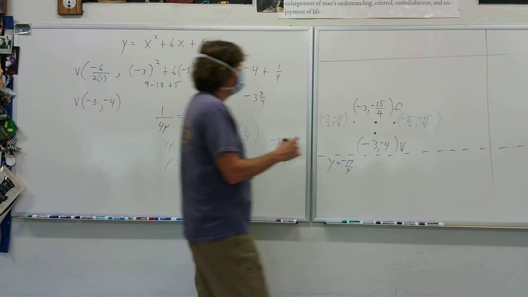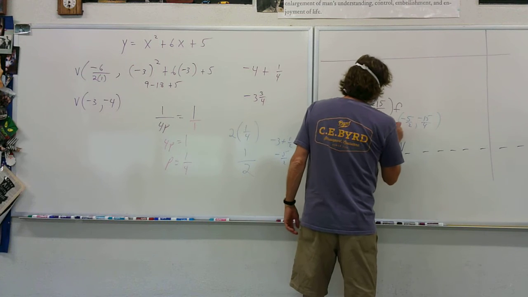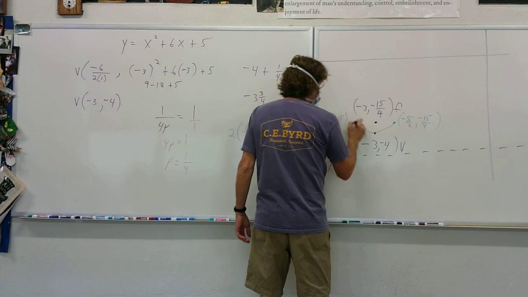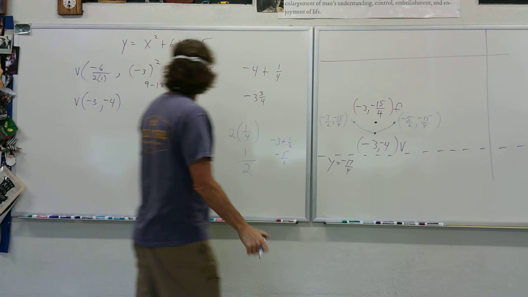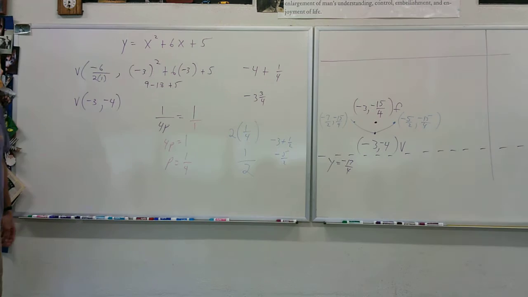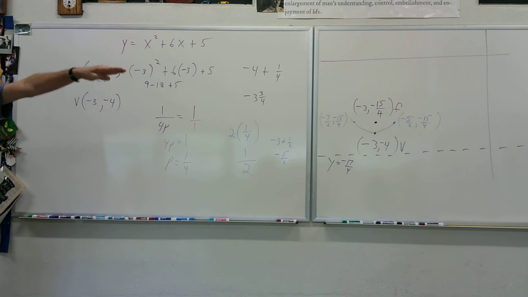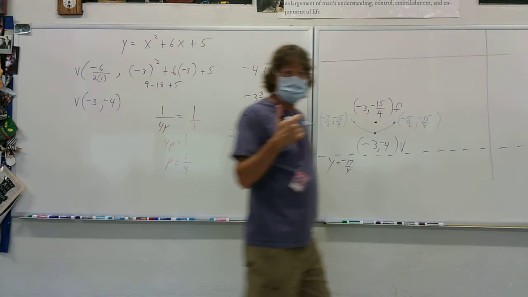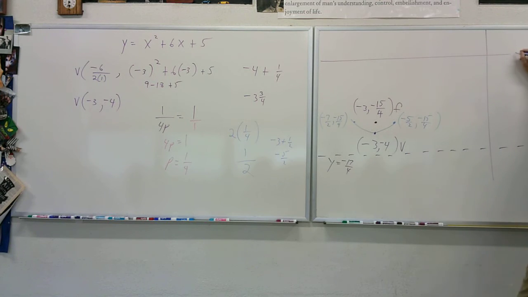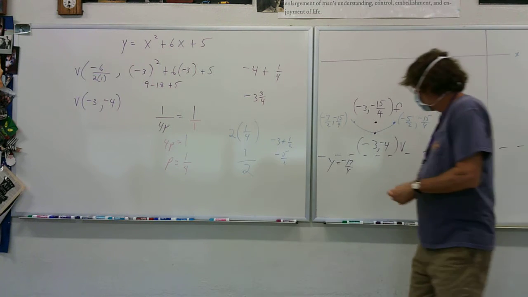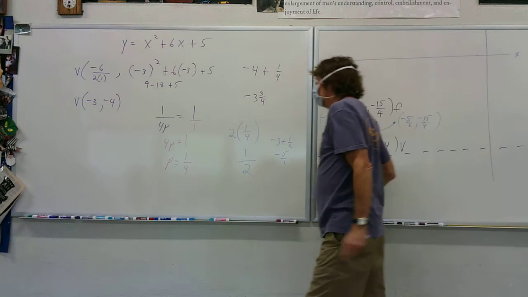Now, when it opens, we probably already realize my drawing is not as good as it needs to be. But I didn't go all the way up and go through my x-axis because I want to know where my x-intercepts are and where my y-intercepts are. Y-intercept is easy. Put 0 in for x. I'm going to do this in green because I think even the tree kids can do this.